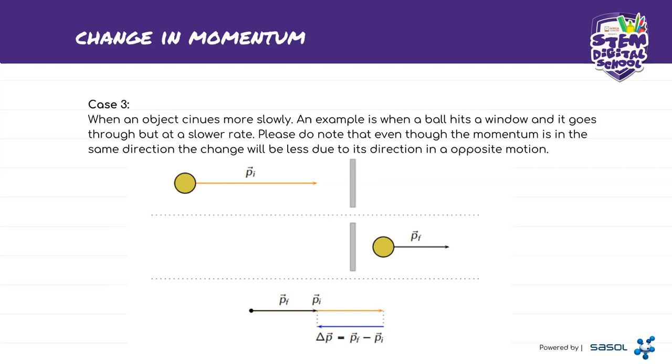Please do note that even though the momentum is in the same direction, the change will be less, compared to the case of opposite motion. What does this mean, guys? It means that when we have change in momentum, remember we mentioned before that it increases when they're in opposite directions, but it decreases when they're in the same direction. When you look at this triangle, change in momentum is equal to final momentum minus initial momentum.